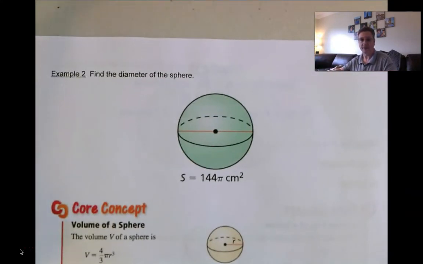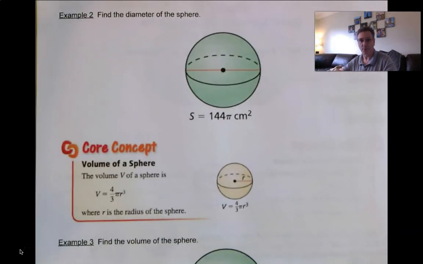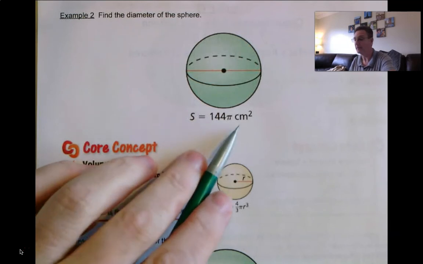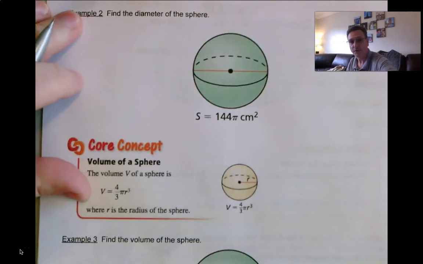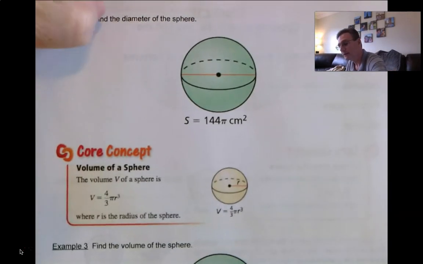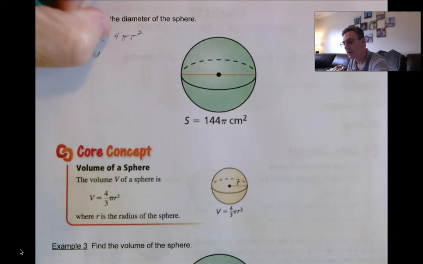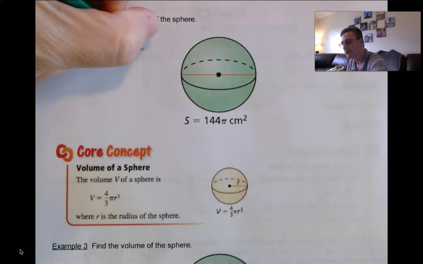Example 2, find the diameter of the sphere. So we're going to be working backwards. I'm giving you the surface area as 144 pi centimeters squared. So we'll start with the formula. Surface area equals 4 pi r squared. We're going to find the radius and then convert that into the diameter. So 144 pi equals 4 pi r squared.